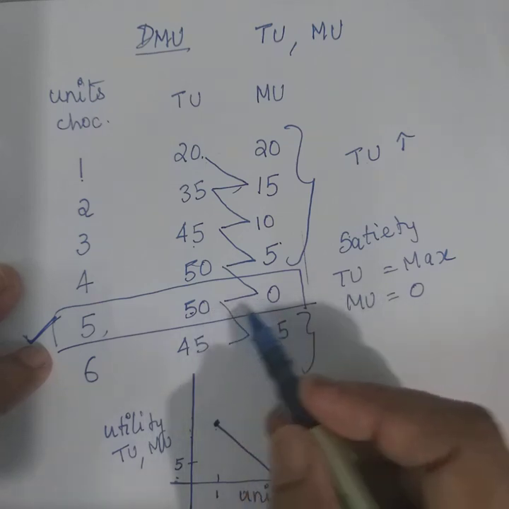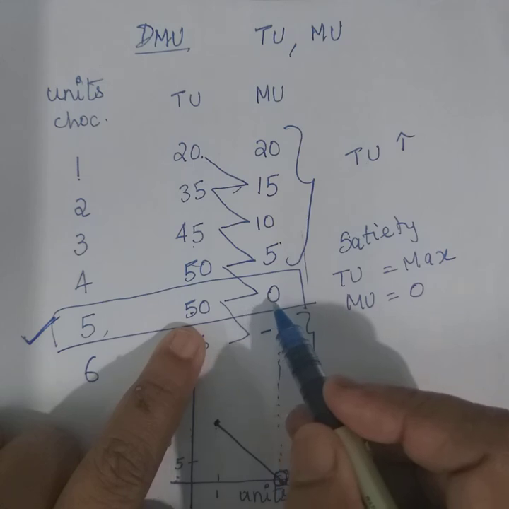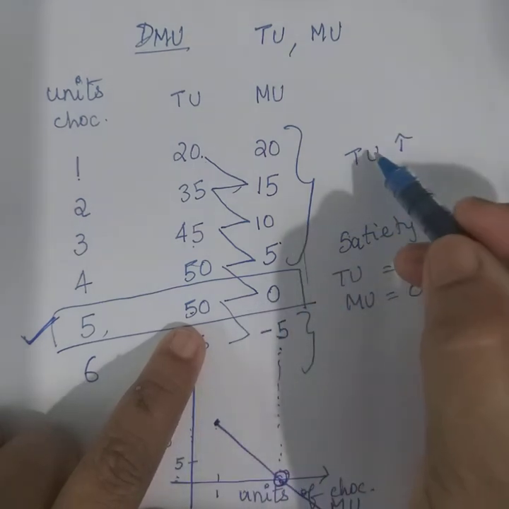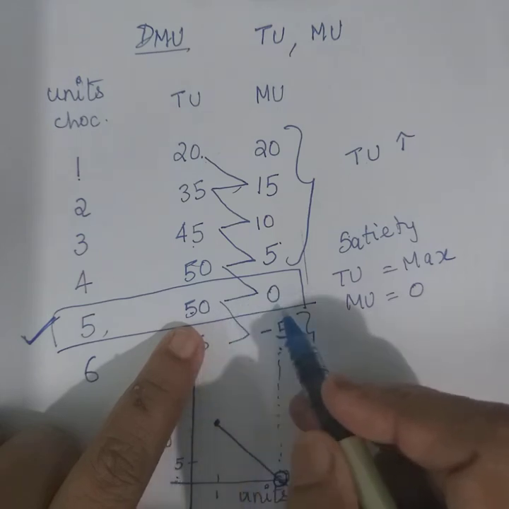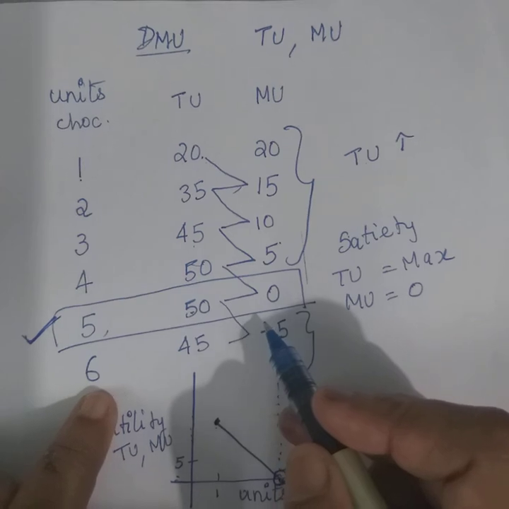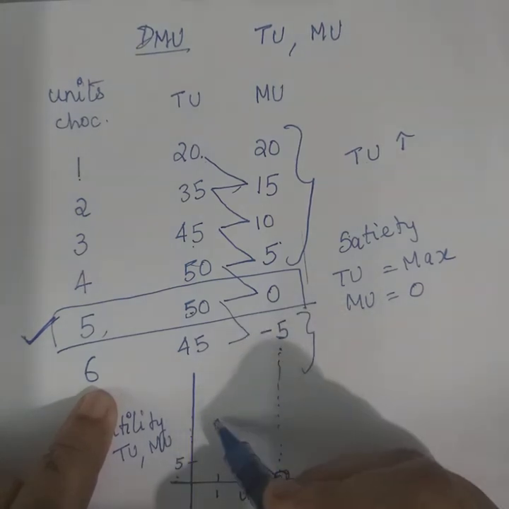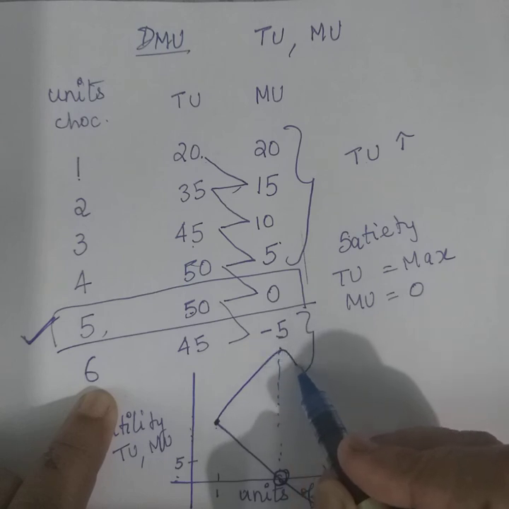Then it falls. So till this fifth unit, the total utility keeps increasing, and at the fifth unit the total utility becomes maximum, and after that it falls. If you are going to show it, you will probably show it like this.